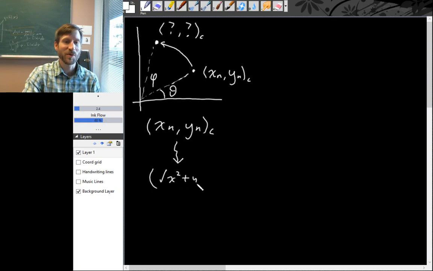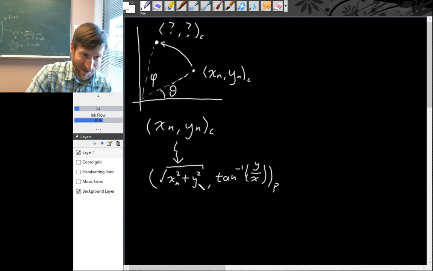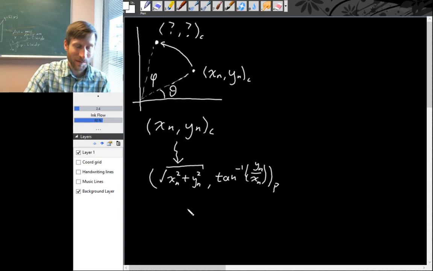We'll ignore for the moment the fact that you might need a minus sign here. And the theta coordinate will be inverse tangent of y over x. And we will also ignore the complication that really you might need to add pi to this. Okay, so these are the polar coordinates for the point. And I guess really I should have some subscripts here. So this is x sub n, y sub n, y sub n, x sub n.